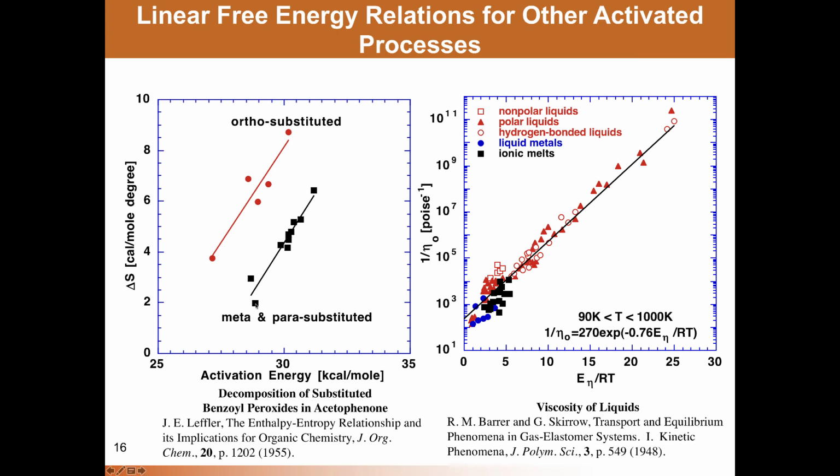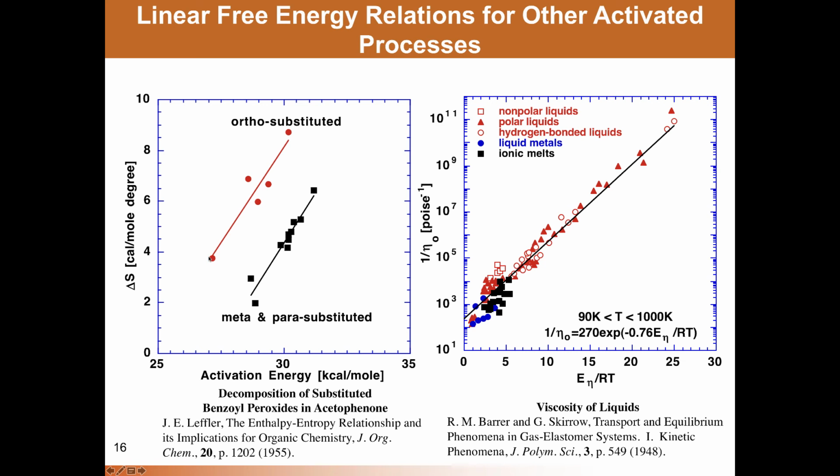And what's remarkable here is that for a variety of compounds, there is a very strong relationship between the logarithm of the front factor, or the entropy change associated with the chemical reaction, and the actual activation energy. What's observed in this case is that there is one general correlation line for meta and para-substituted benzoyl peroxides, and another for ortho-substituted benzoyl peroxides.